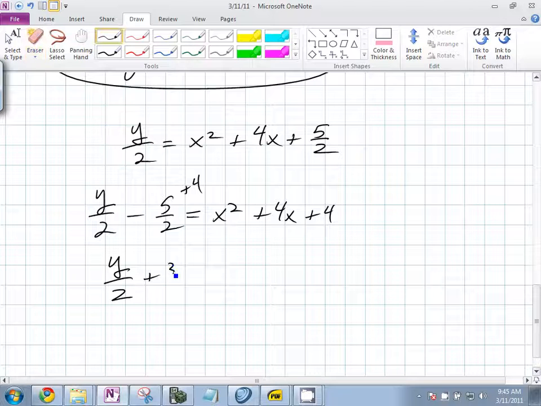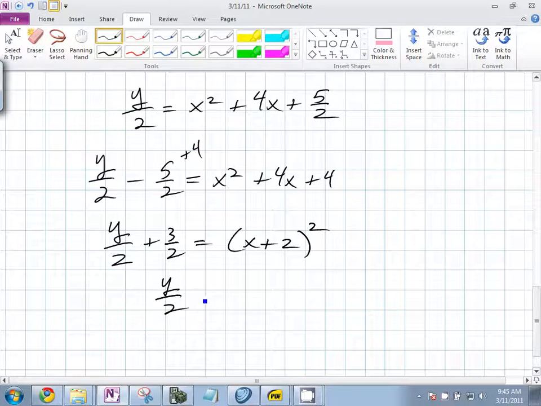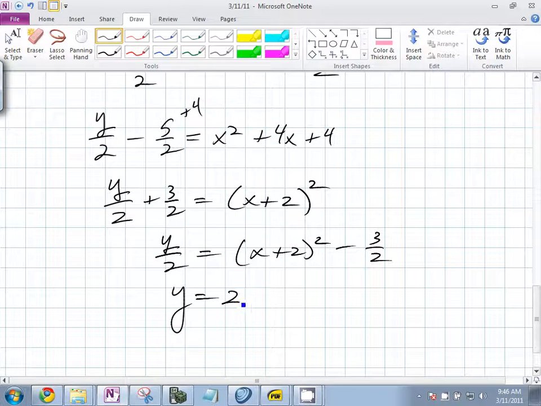And it's x plus 2 what? Squared. So then you have y over 2 is equal to x plus 2 squared minus, multiply by 2. x plus 2 squared minus, all done. Bingo. Does that make you happy or sad seeing that? What? Makes you happy? Okay.